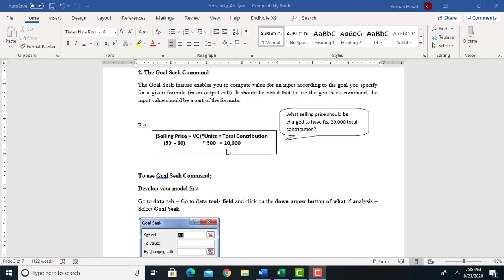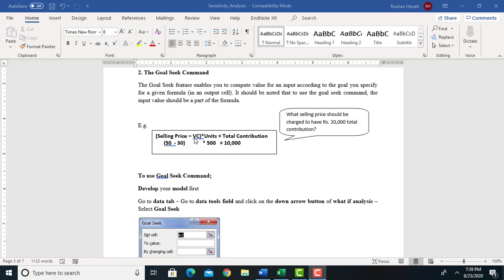You have specified your output. What is your output? Your output is the total contribution. You want this total contribution to be 20,000. If that is to be 20,000, what should be your selling price?